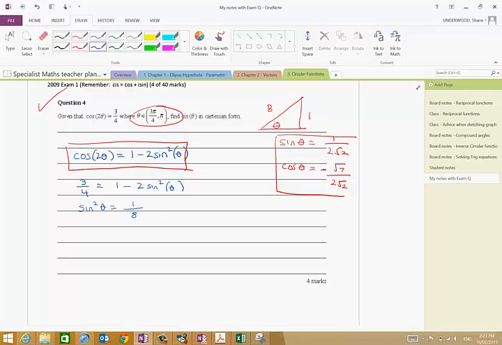So you can see there that we want an expression for cis of theta, which we know is cos theta plus i sine theta from last year's Specialist Maths. And we now know that cis of theta is negative root 7 on 2 root 2 plus 1 on 2 root 2 i.